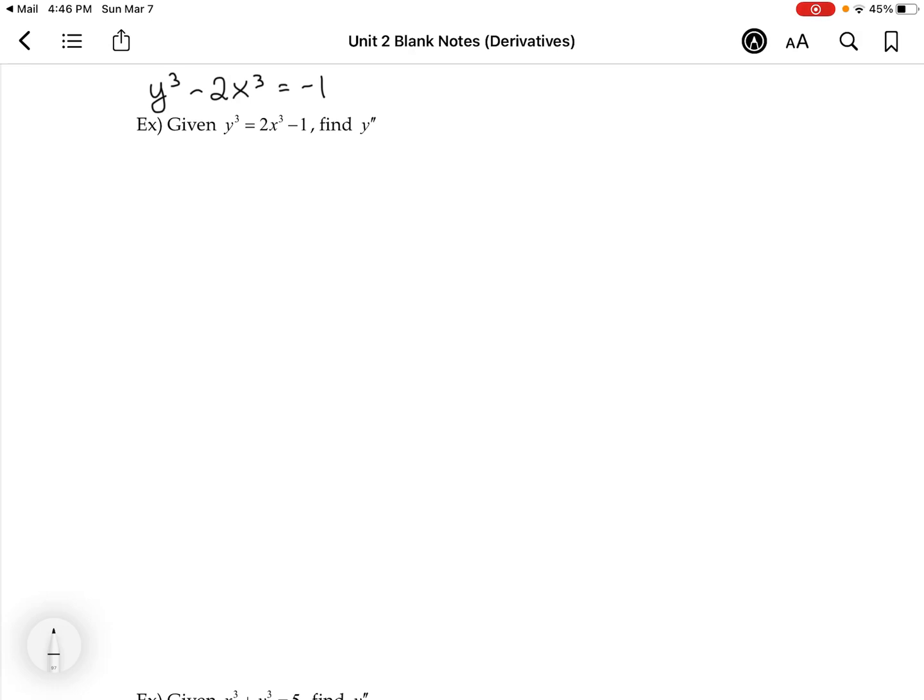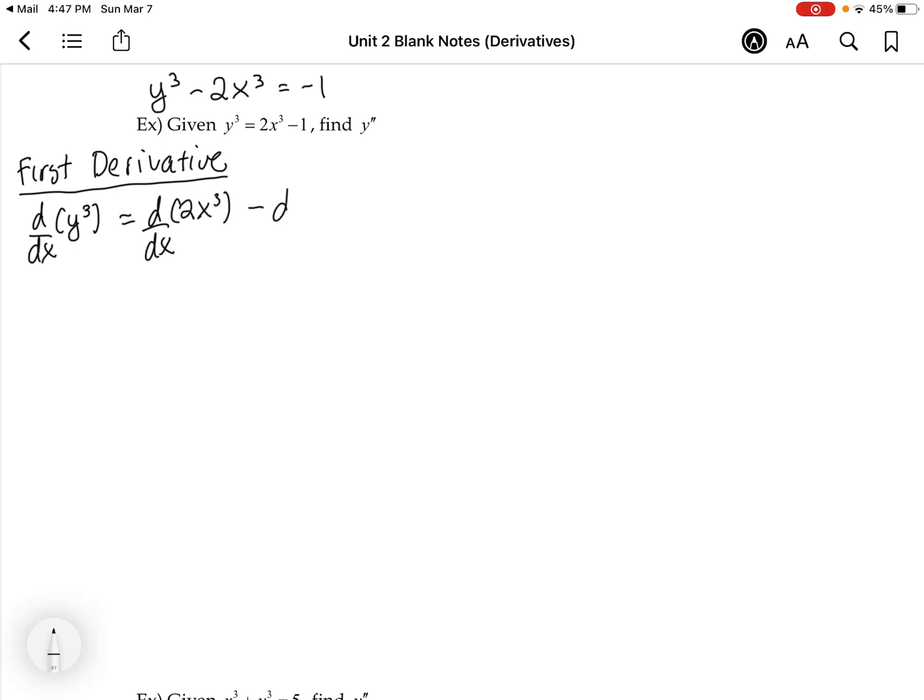Okay, all right, so the first thing we have to do is just take the first derivative. So here we go. I'm going to start with the equation that we're given. So d by dx of y cubed equals d by dx of 2x cubed minus d by dx of 1.